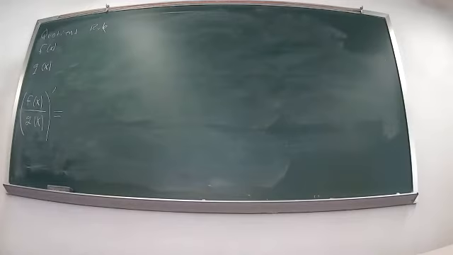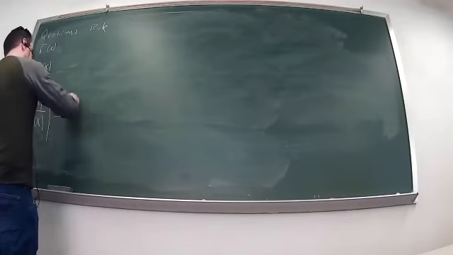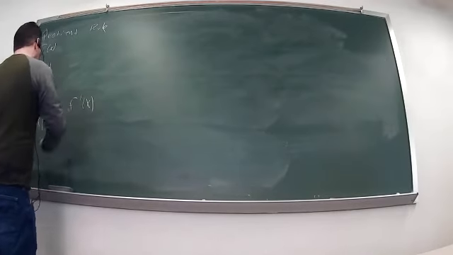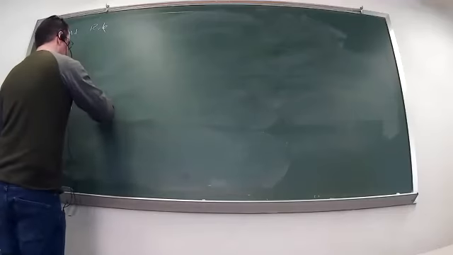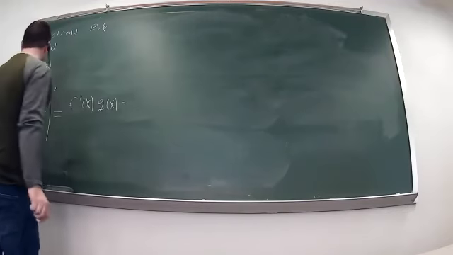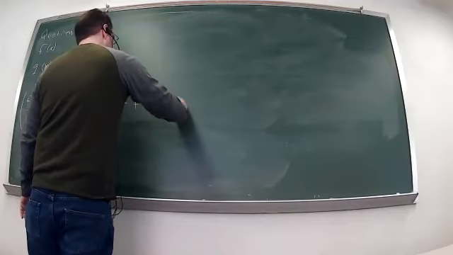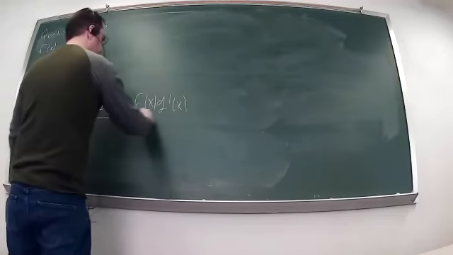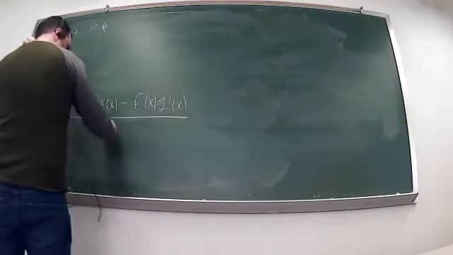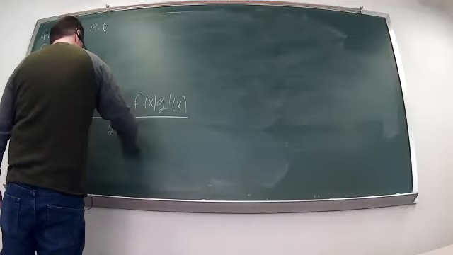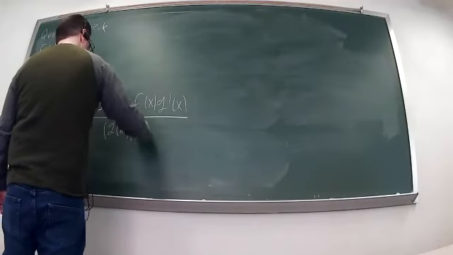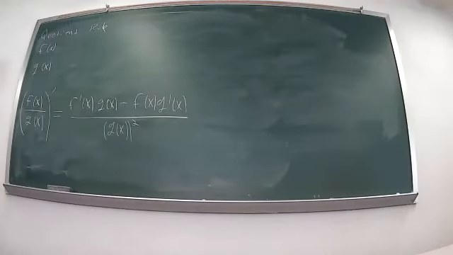So here's the formula. It's f prime of x times g of x minus f of x times g prime of x, divided by g of x squared. It's a little harder to remember than the other one.